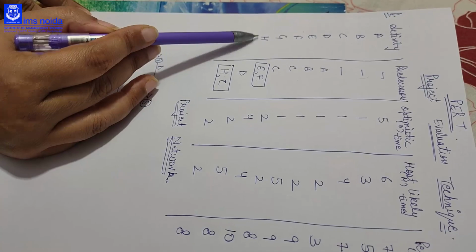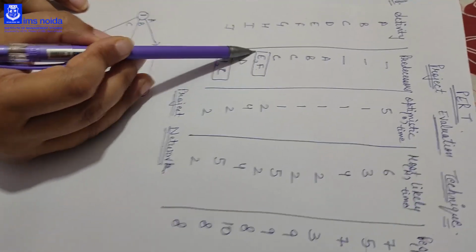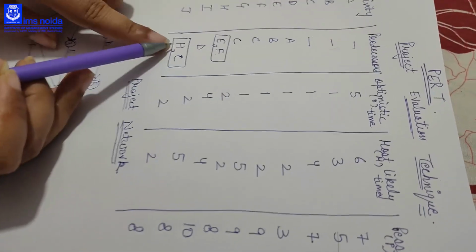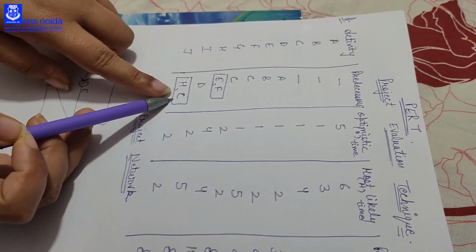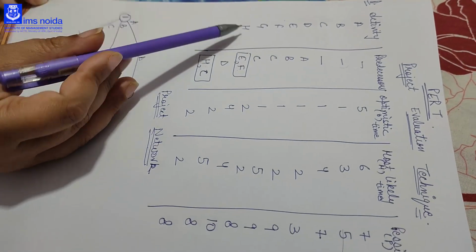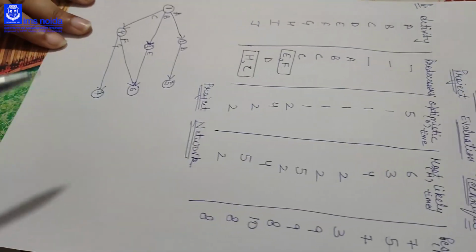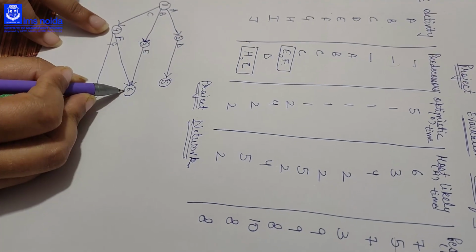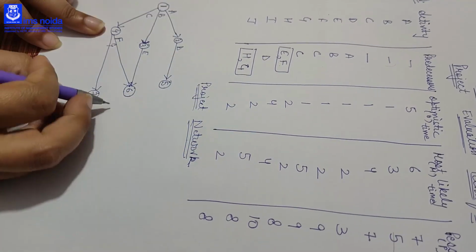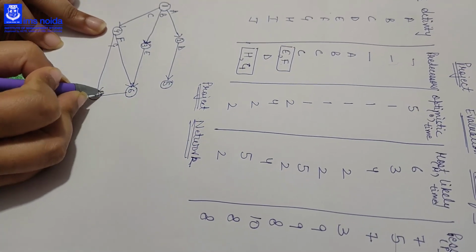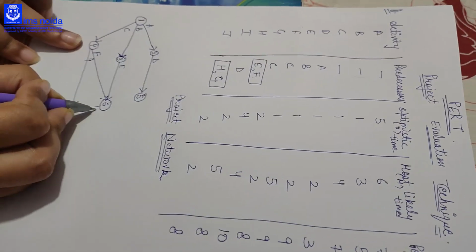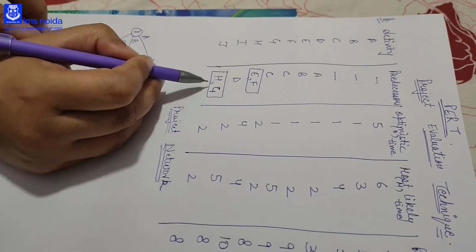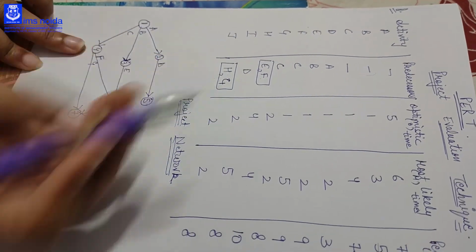Then H is starting with the combined node of F and G. Here it was G, not C, so I made it correct.